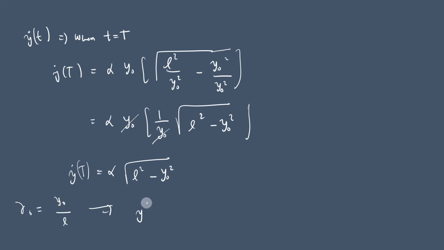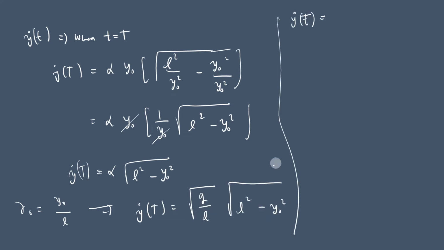So we get the term y dot t equals g divided by L times L square minus y0 square, and we can remove the term L square, so we get g times L times 1 minus y0 square divided by L square.